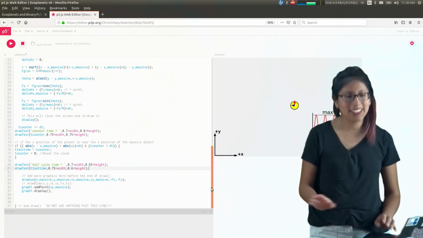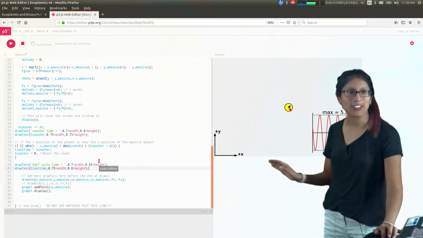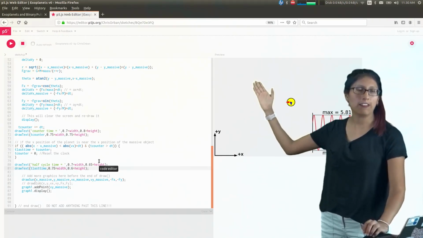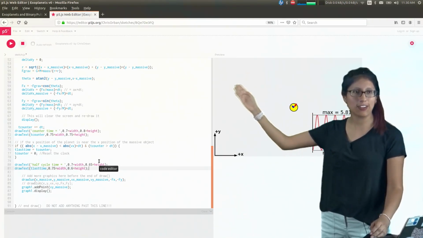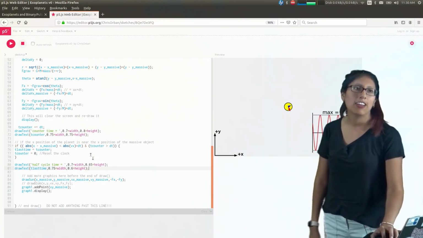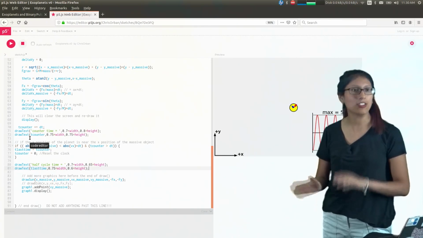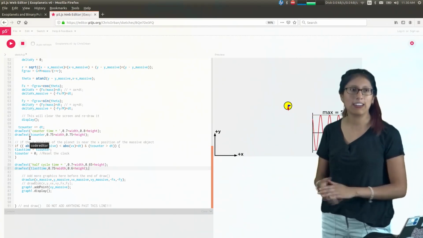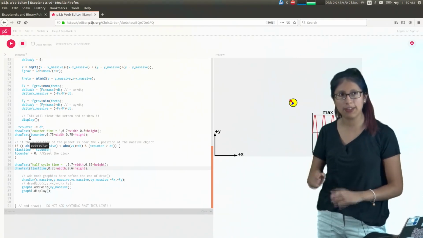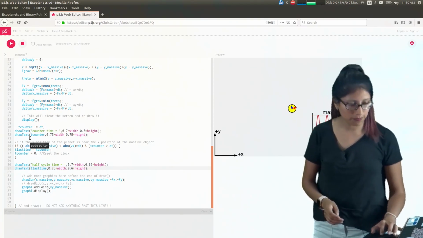So remember how we said we like to tab everything just to keep things nice so you can read it clearly. These are a bunch of lines, so I'm not going to tab every single line, but just know that the code will work just fine if you don't end up tabbing these lines in.